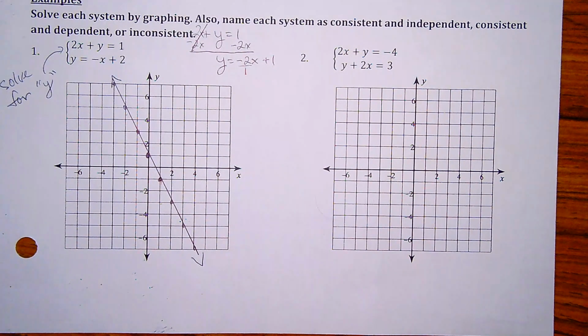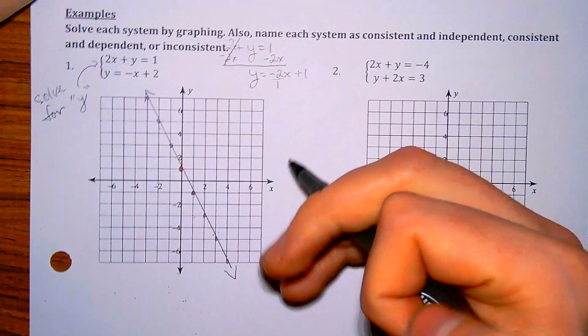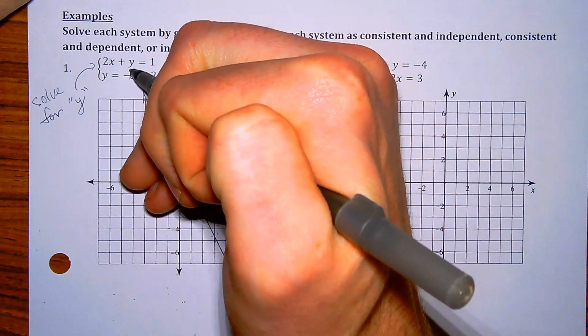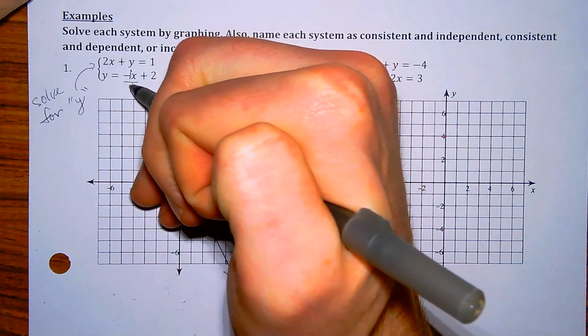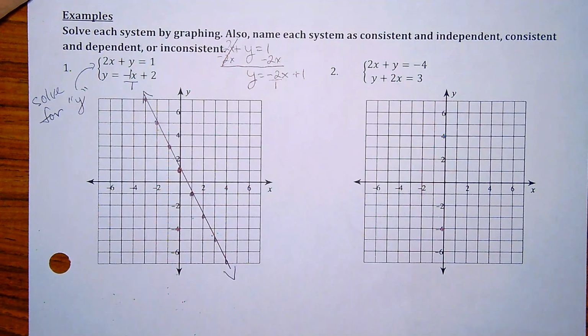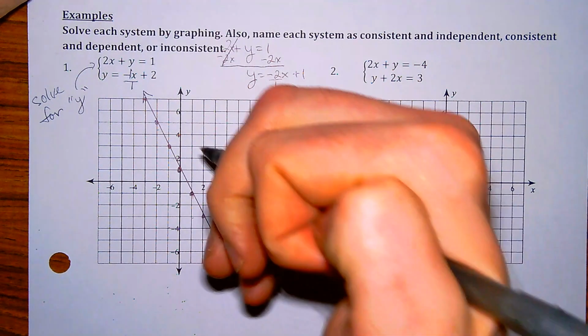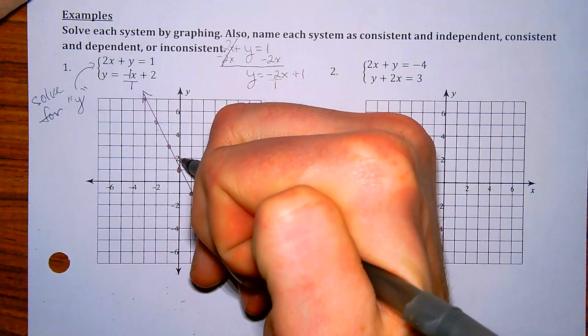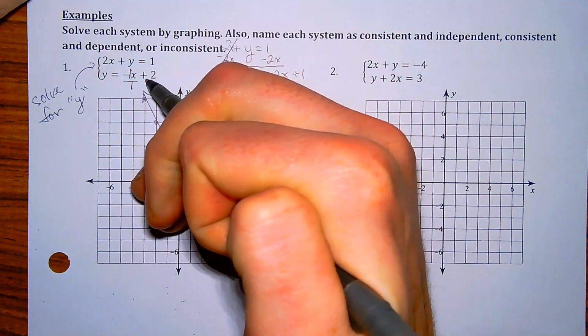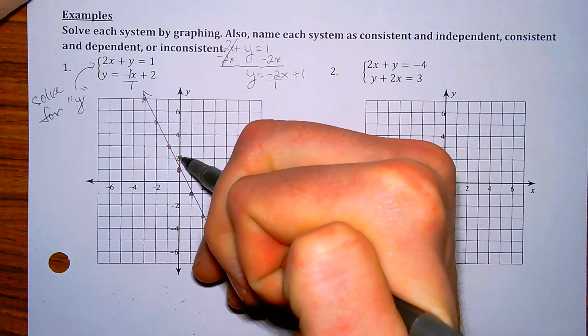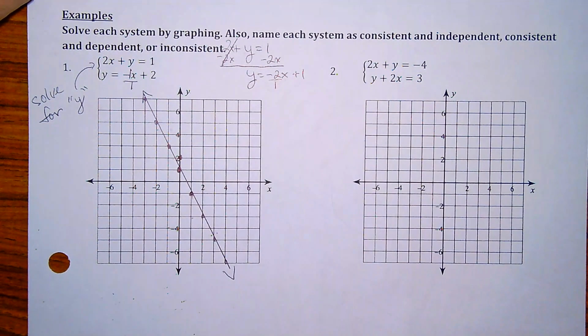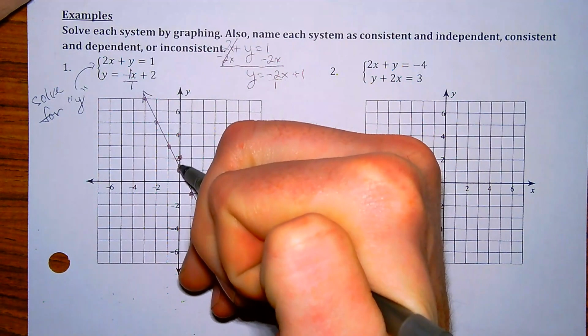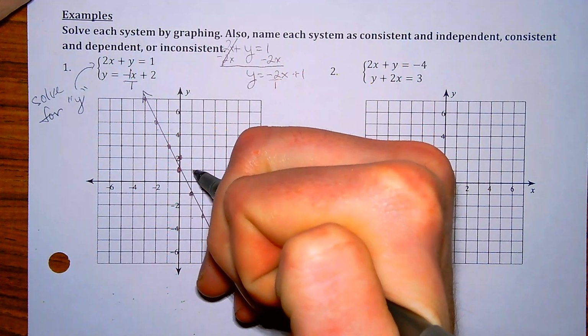Now we want to graph our second equation. As a reminder, there's an invisible negative 1 here, and there's a 1 over top, and there's a 1 on the bottom of it. We'll write our whole numbers as fractions. It's helpful in remembering what we are graphing, or at least how you rise and run. So our intercept here is 2, so I'm going to draw a point at the 2 on the y, and then we need to go down 1 and right 1.